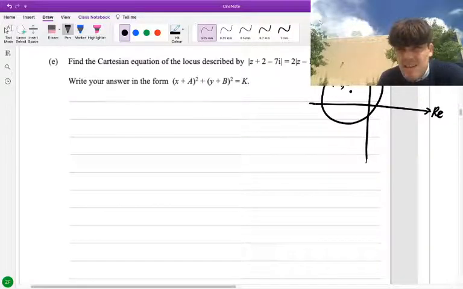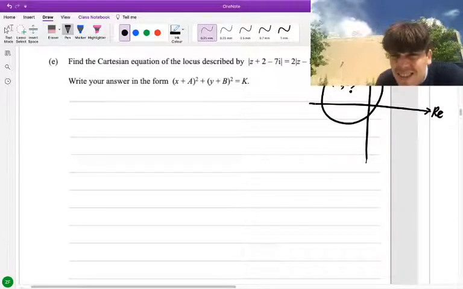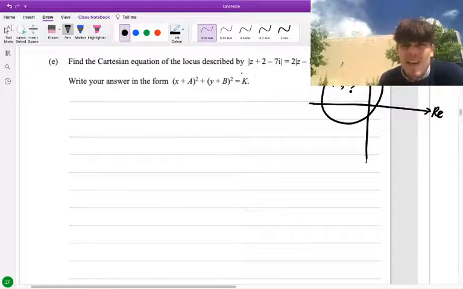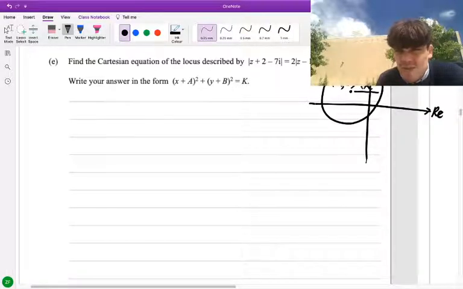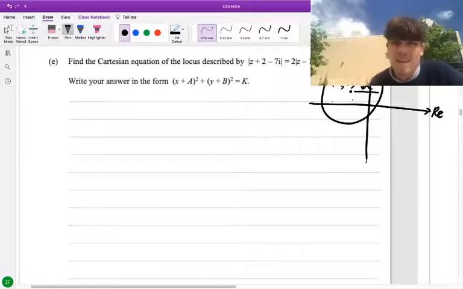I'm pretty sure that should be a minus. So these are going to be minuses? Yeah, we'll look at it later. And then it's going to have a radius of k. Well, it's actually going to have a radius of the square root of k. I don't know about this circle equation that they gave us, pretty wacky.